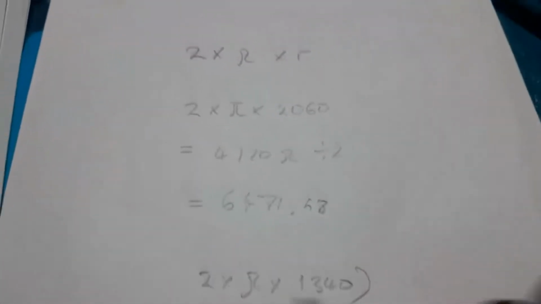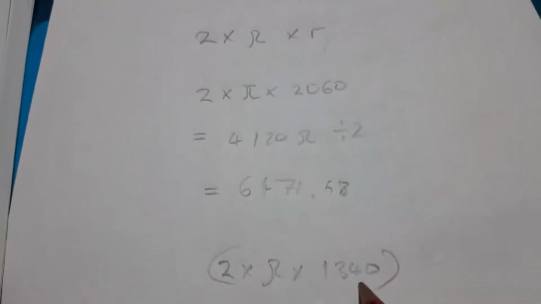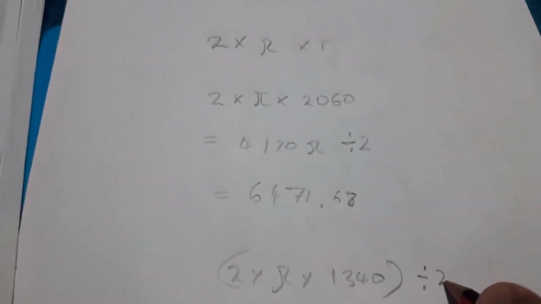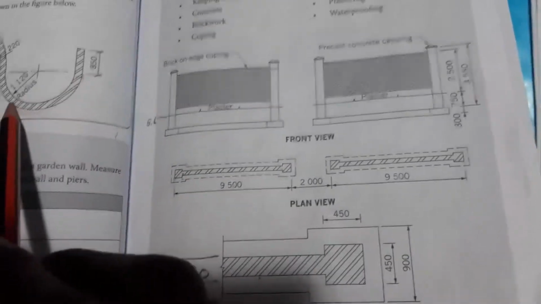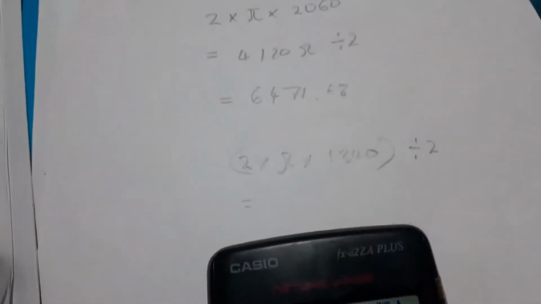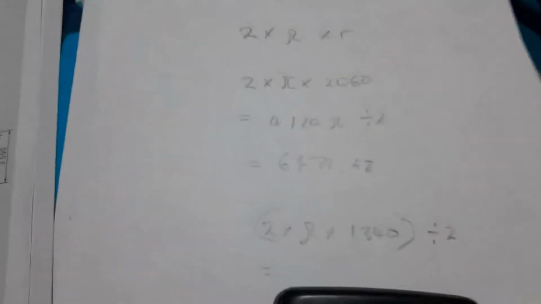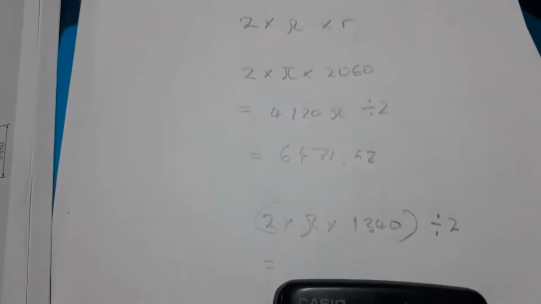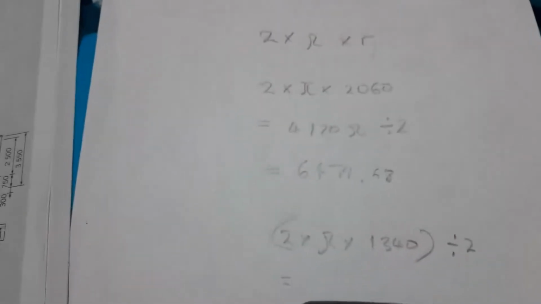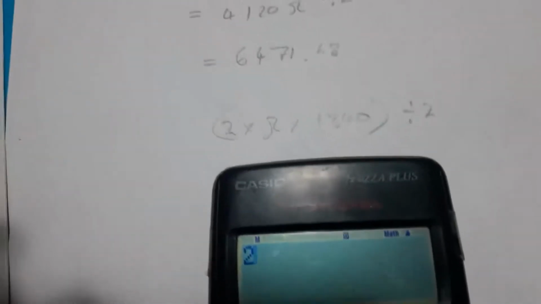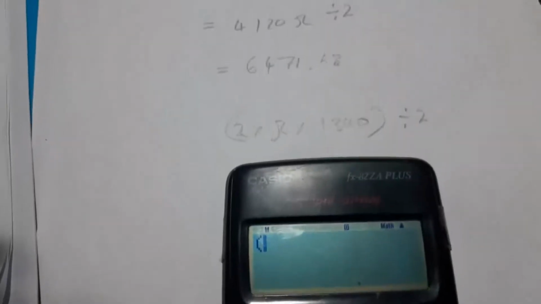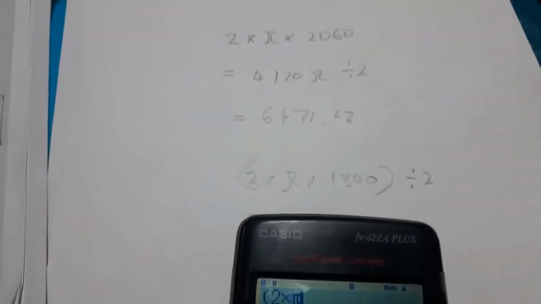So again, you'll have to divide the answer you get here by 2 to get the length of this semicircle. So it should be 2 times pi times 1,340.